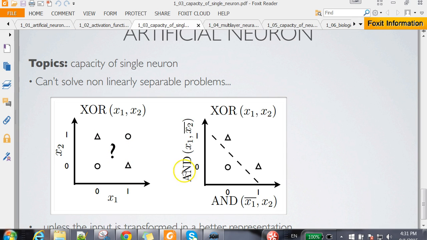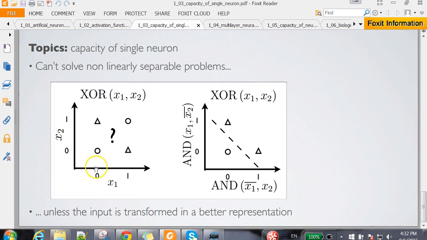No, it won't work. I guess what he's saying here is, no, you can't separate this one. So it can't solve non-linearly separable problems. Okay? He says unless the input is transformed into a better representation, which I guess is what he's doing here.